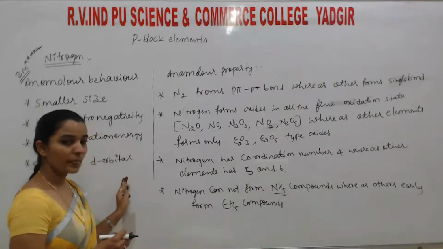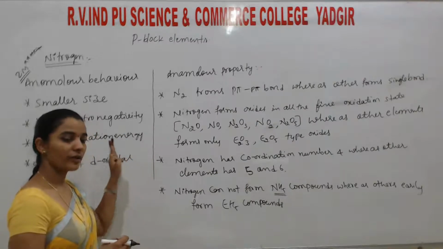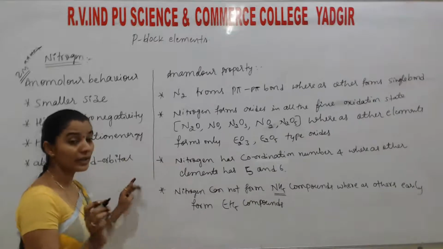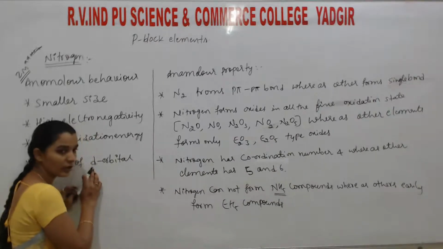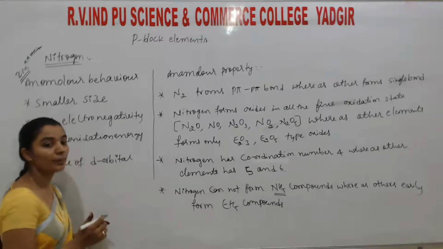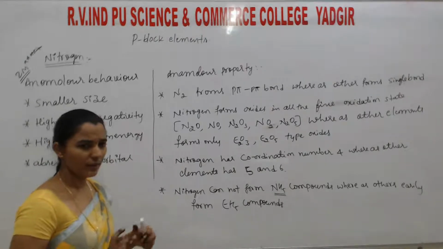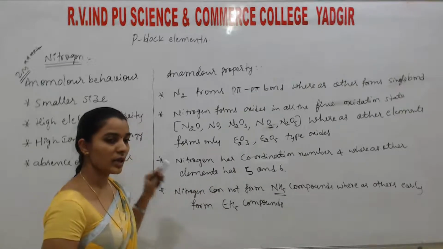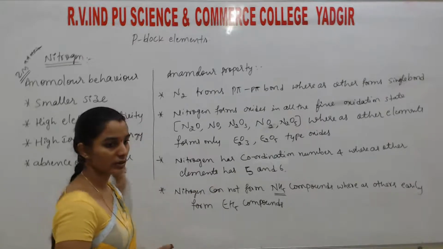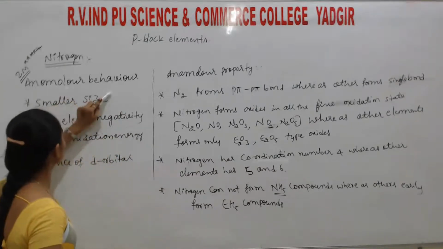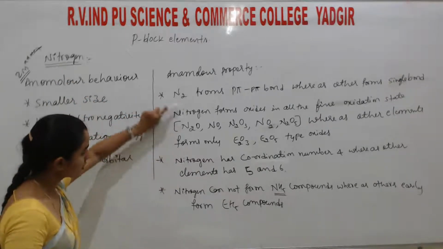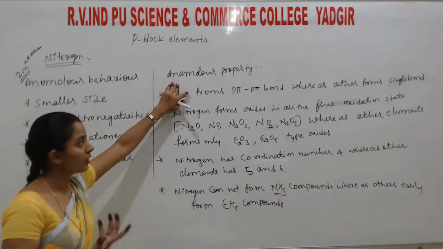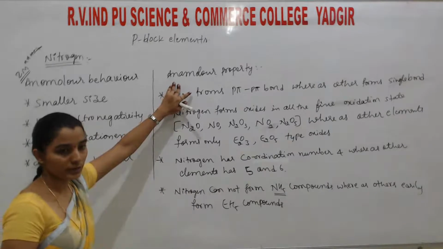These four reasons for carbon, for nitrogen, oxygen, chlorine. For helium, for s block elements, we have to take p instead of d. But since you are studying p block elements, this anomalous behavior is enough. So these are the reasons or properties which give anomalous behavior of nitrogen from the other elements.